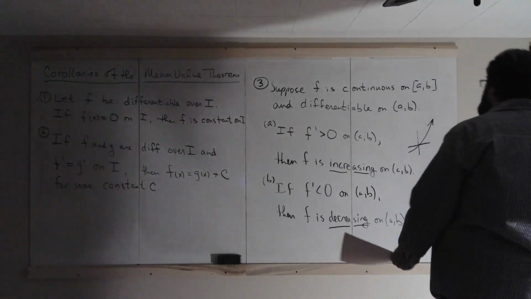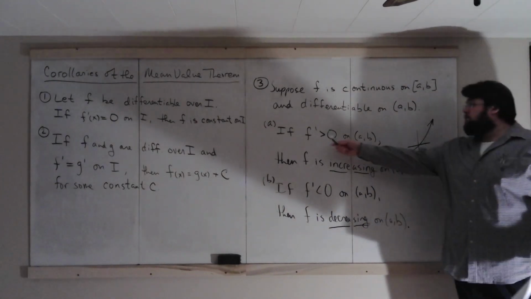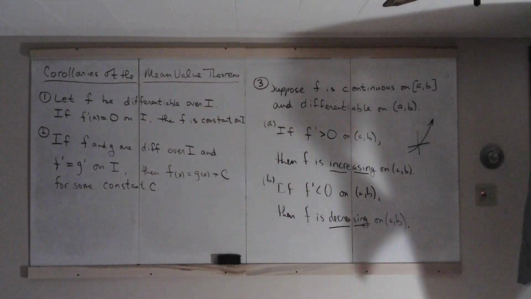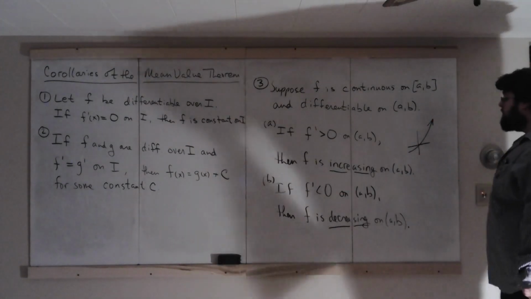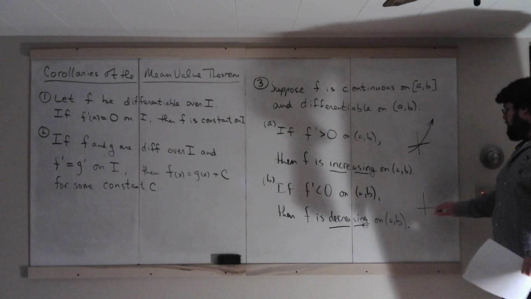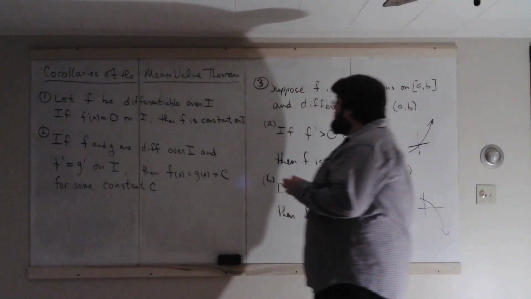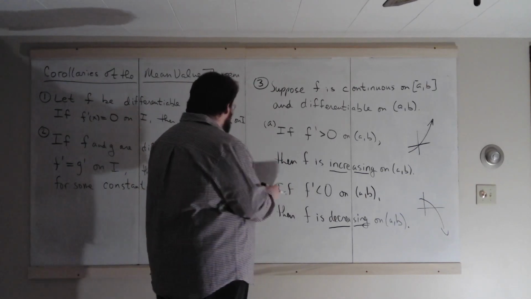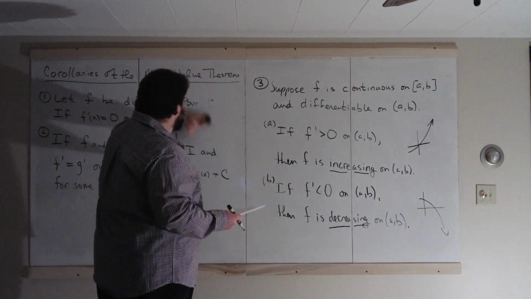And similarly, if f prime is strictly negative, and strictly positive up here, so no equals, if the derivative is negative, then f is decreasing, and a decreasing function would look like that. It'd be going down. So let's look at an example illustrating this third result.